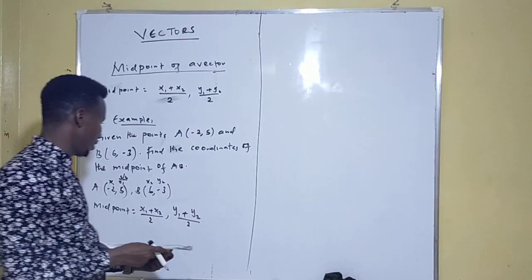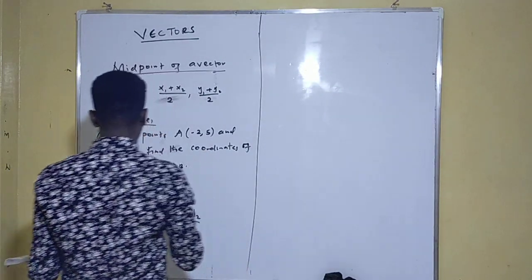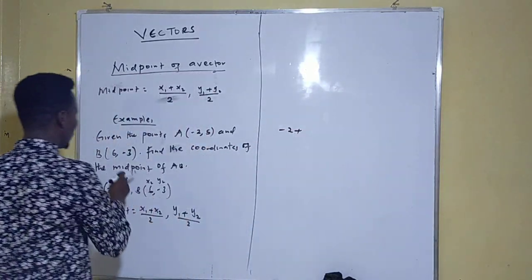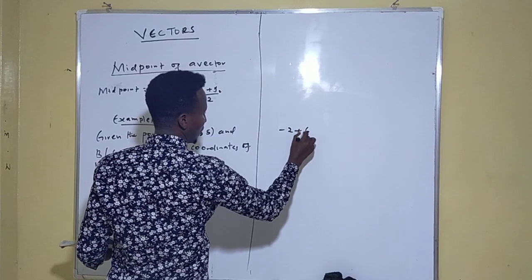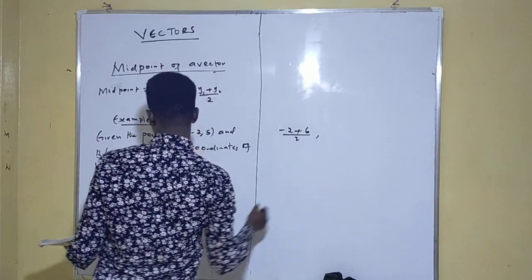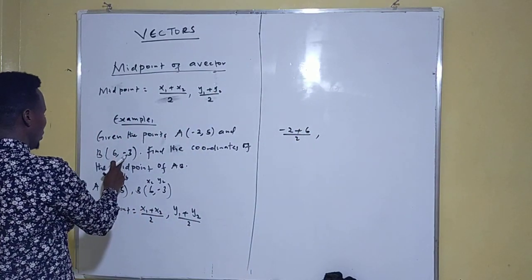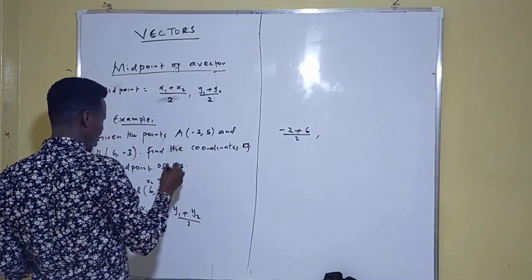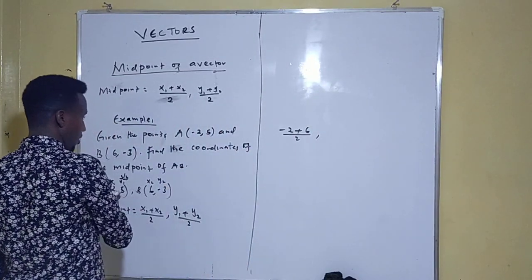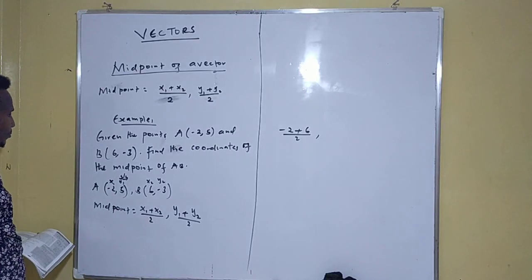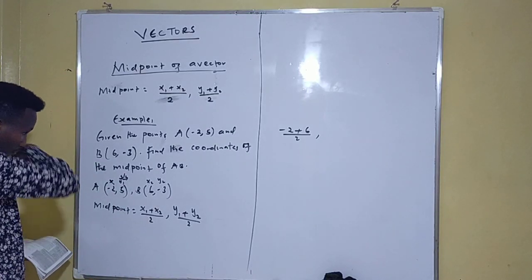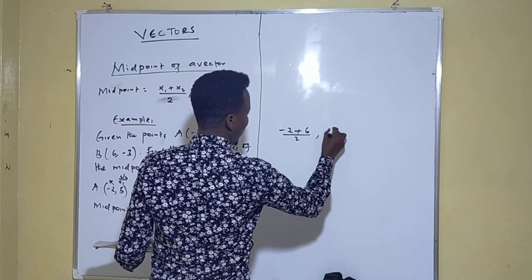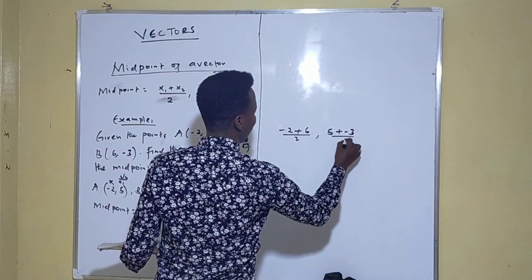Our x1 is -2 plus x2, which is 6, divided by 2, comma, y1 is 5, plus -3, divided by 2.